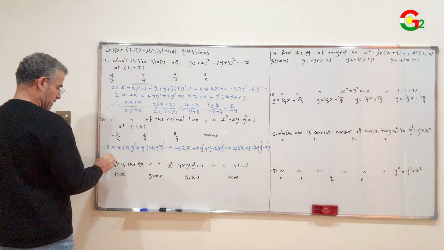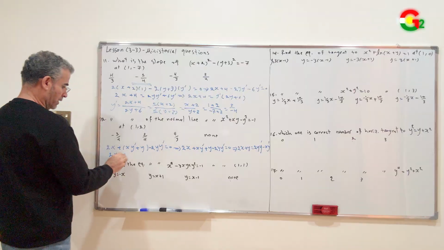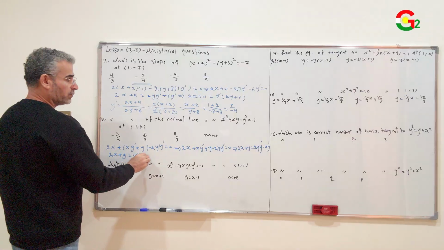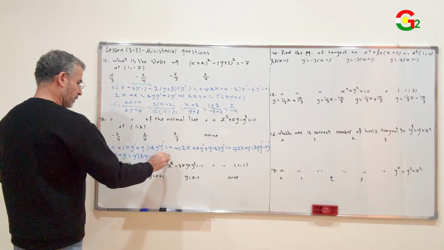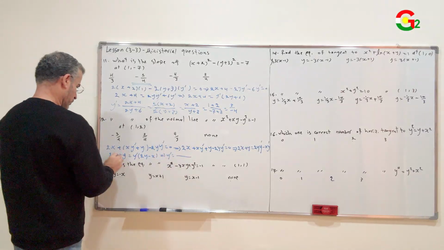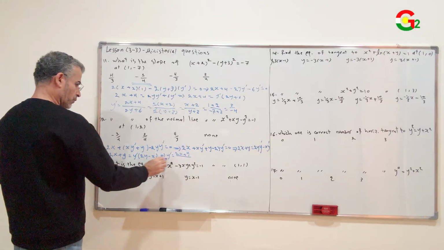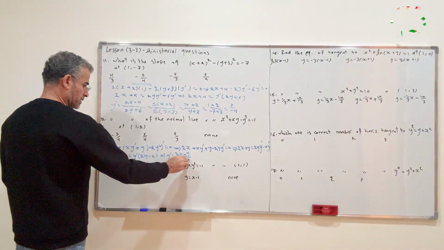2x plus y equals 2y prime minus xy prime. Then 2x plus y equals y prime factorized, y prime times 2y minus x. Then y prime equals 2x plus y over 2y minus x.